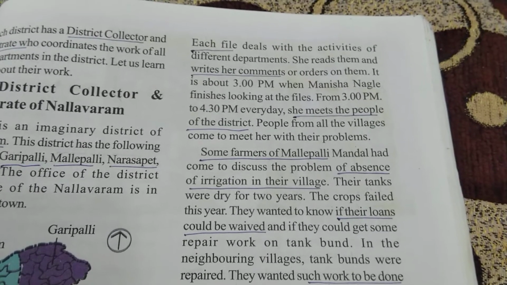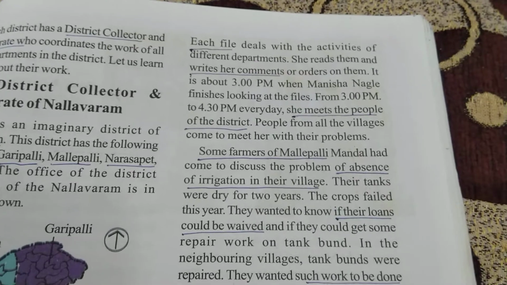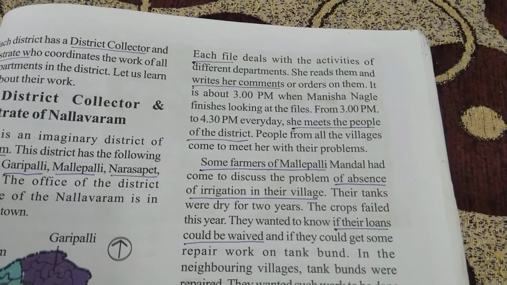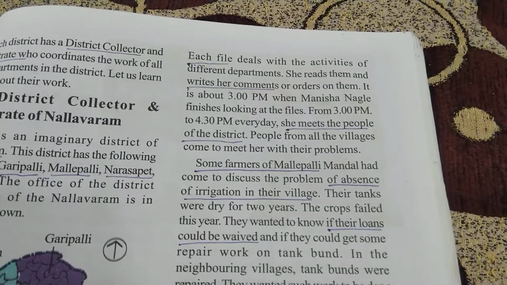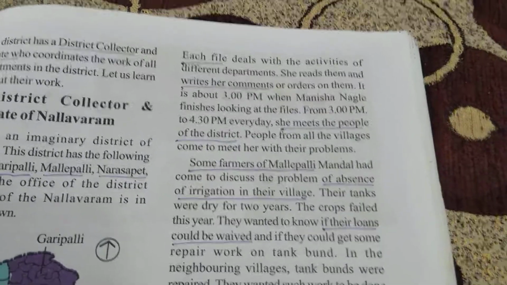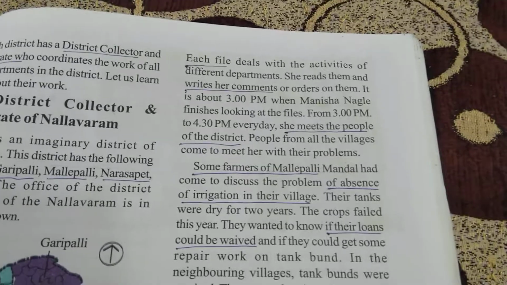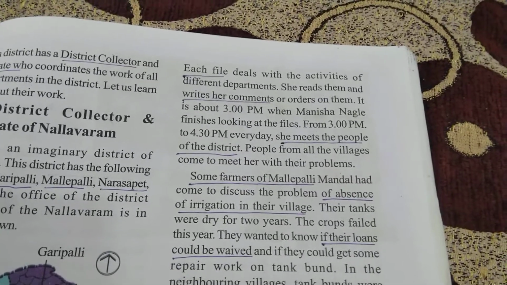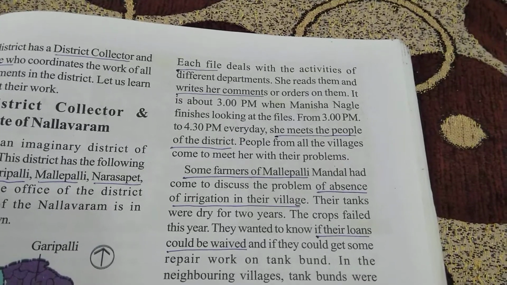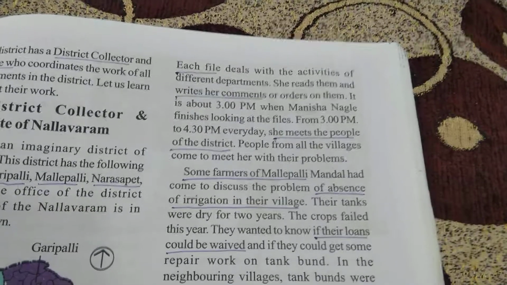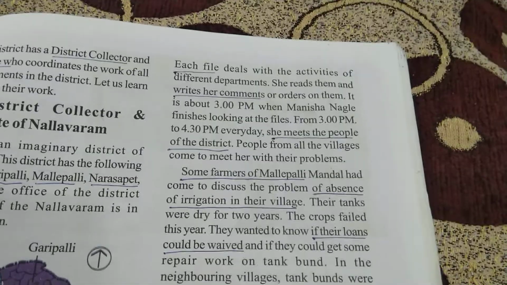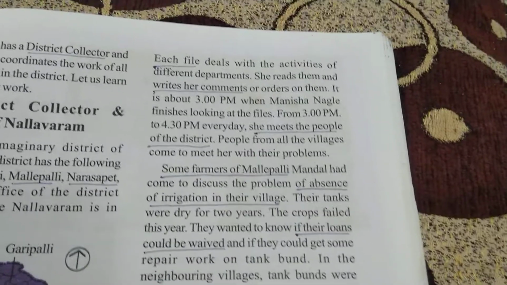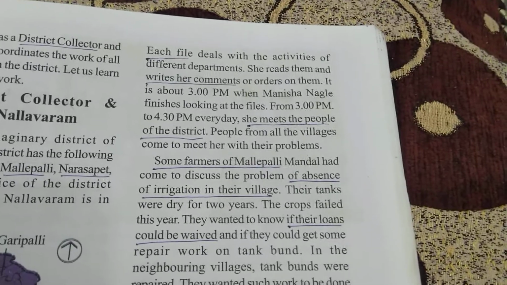If any village comes under that list, the loans of those villages will be wiped off. If it does not come under the drought affected areas list, the loans of those villages could not be wiped off. Like that, here Mallepalli village is not in that list, so that's why they don't get that relief.